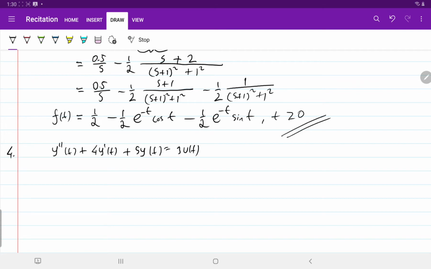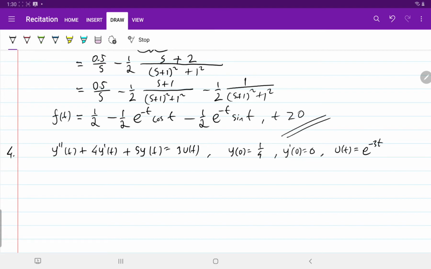And you are given initial conditions y(0) is 1 over 4, y prime (0) is 0, and the input u of t is e to the power minus 3t.